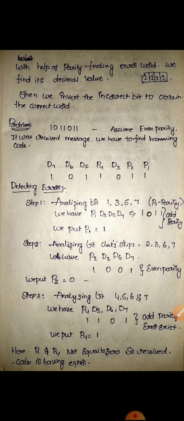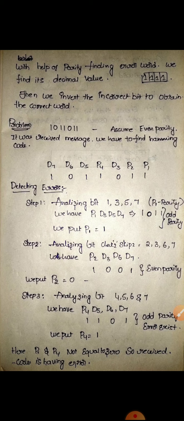So in the P1 parity also error will be present, and in the P4 parity also error will be present. Where the error is present we put 1, so P1 is equal to 1, P4 is equal to 1. Where the error is not present, it will generate an even parity, so we take it as 0. That's the reason we have put P2 is equal to 0.